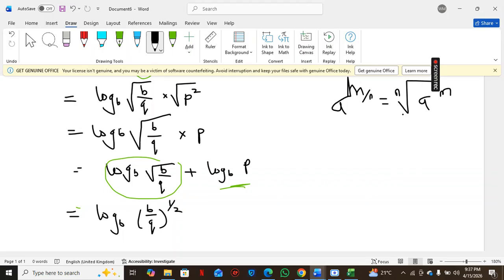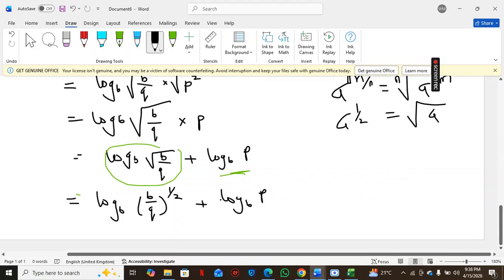If it's a to the power half, it's the same as writing the square root of a. This root we've converted into the power half. I'll also share with you the laws of indices.